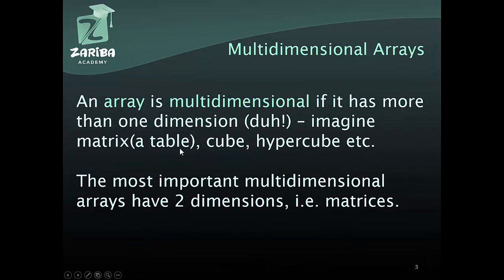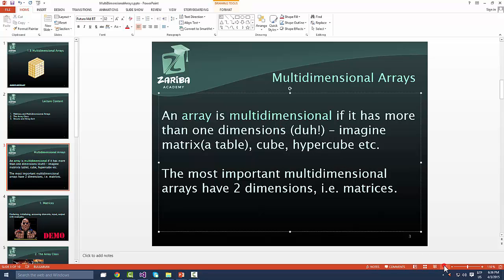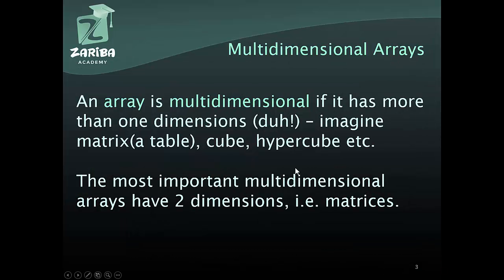Multi-dimensional arrays. An array is multi-dimensional if it has more than one dimension, and you can imagine a matrix or a cube, a hypercube, and so on. I'll be explaining that in a bit. It should not be that much of a step between a normal array and a two-dimensional or three-dimensional one and so on.